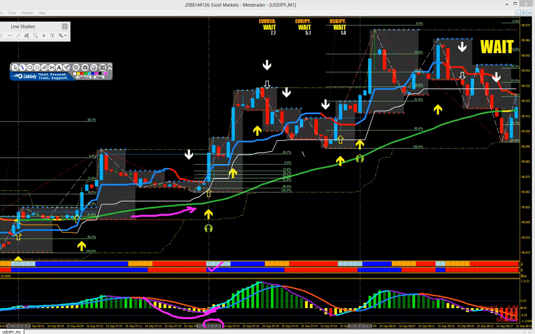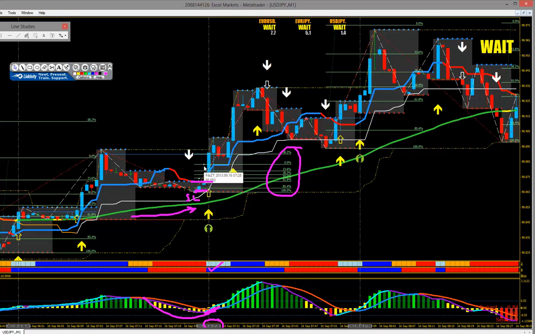But we have this situation here where from the swing low to the next fractal was only a small distance. So very hard for you to decide where you're going to set your targets. It's very hard. I don't know where you'd set it.